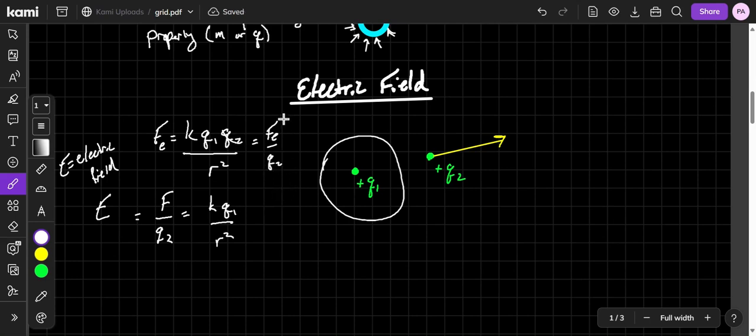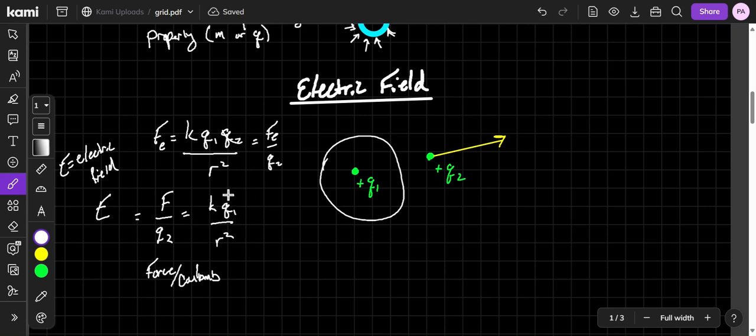This is essentially the same thing as the acceleration of our gravitational thing, but this doesn't quite count as acceleration. This is our force per unit charge. This is our force per coulomb equals this.